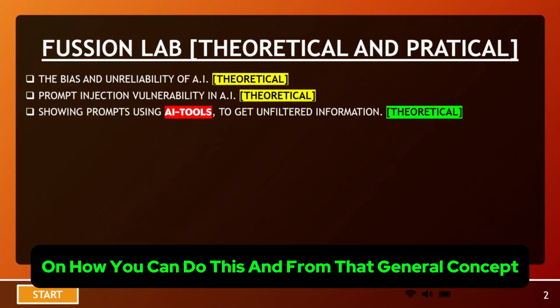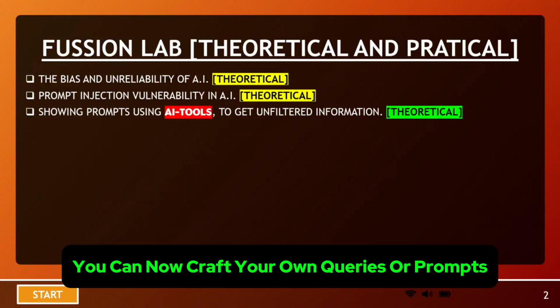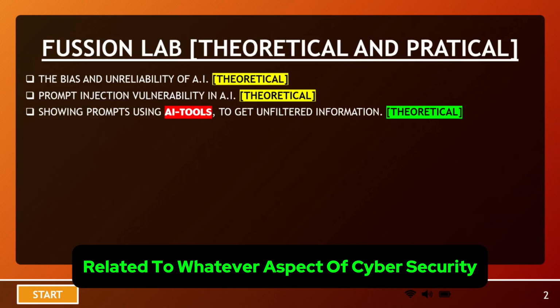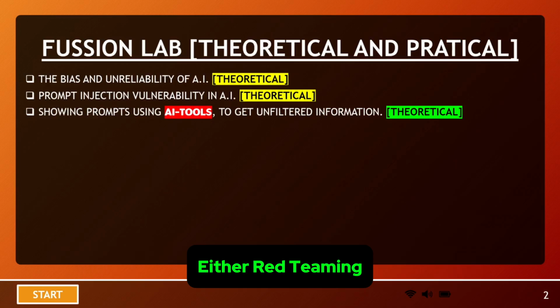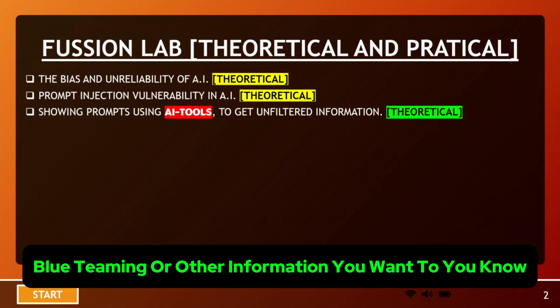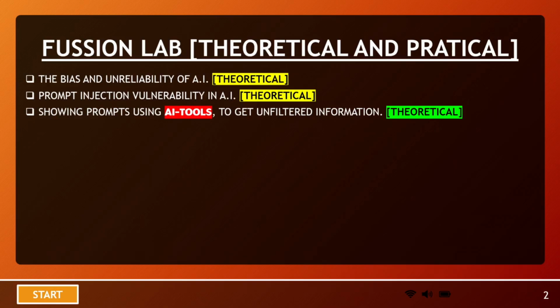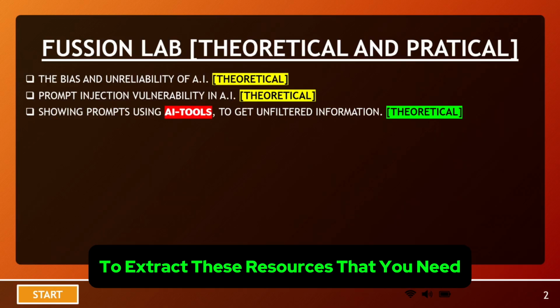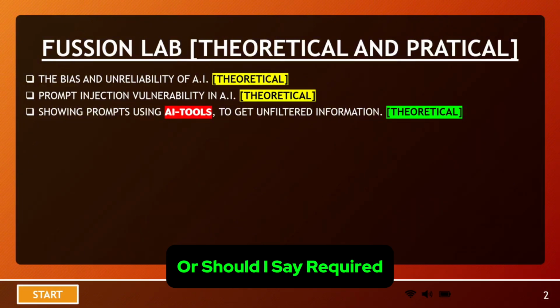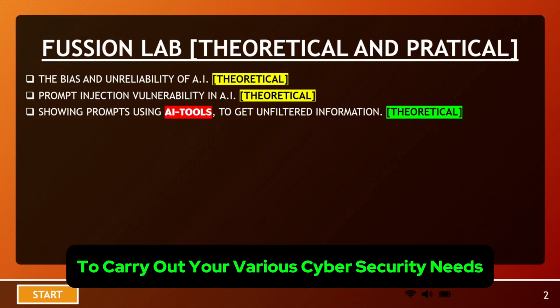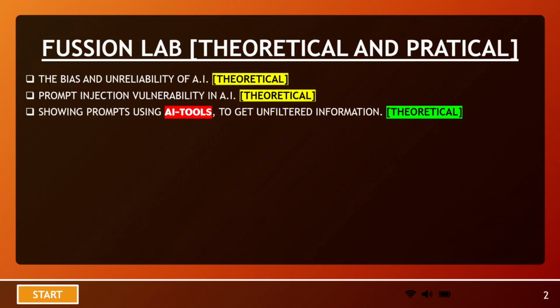And from that general concept, you can now craft your own queries or prompts related to whatever aspect of cybersecurity, either red teaming, blue teaming, or other areas, to use these various AI models to extract the resources you need, or should I say require, to carry out your various cybersecurity needs.